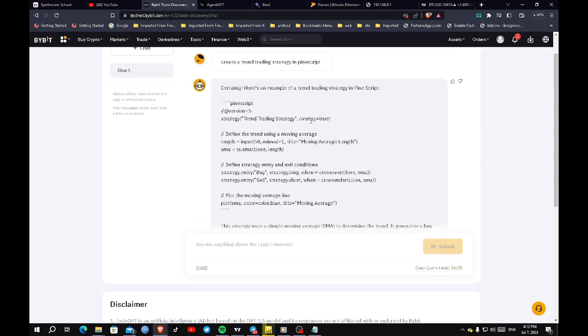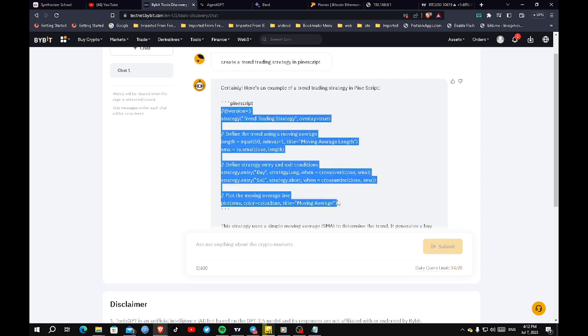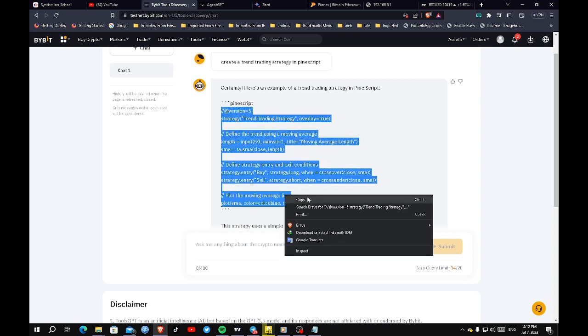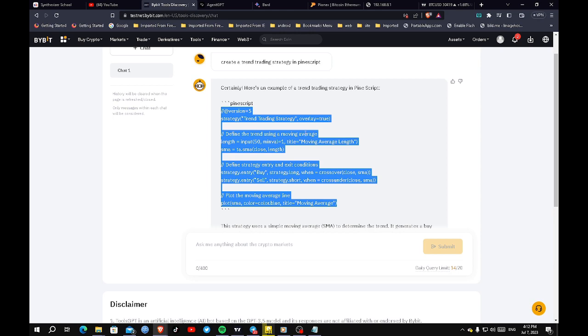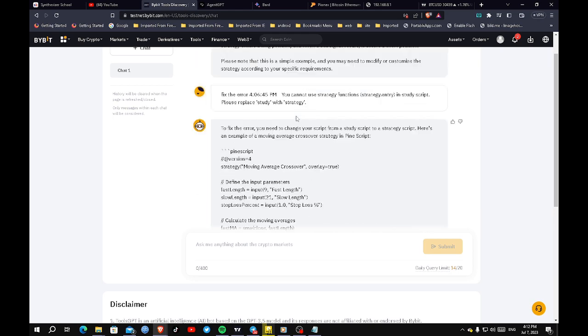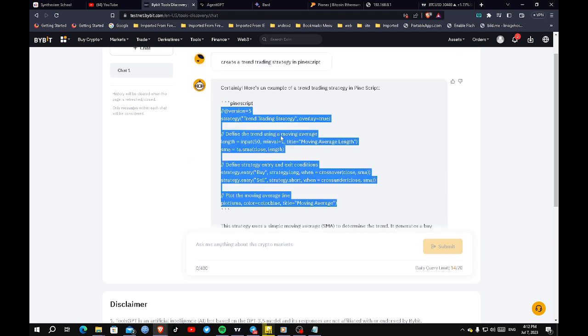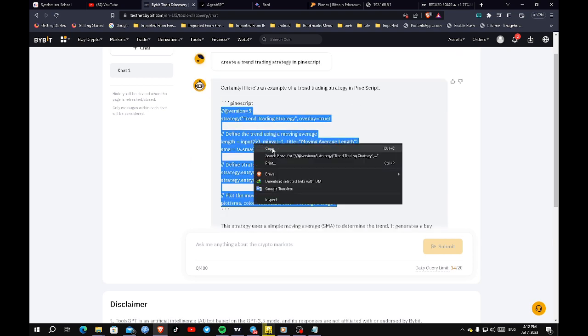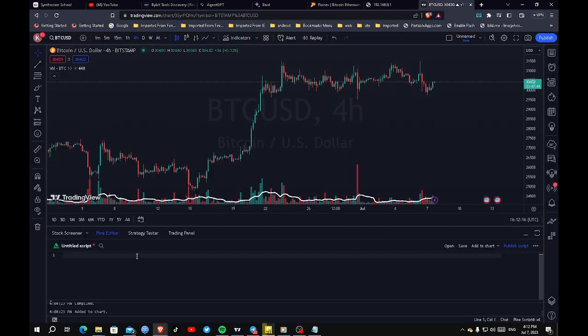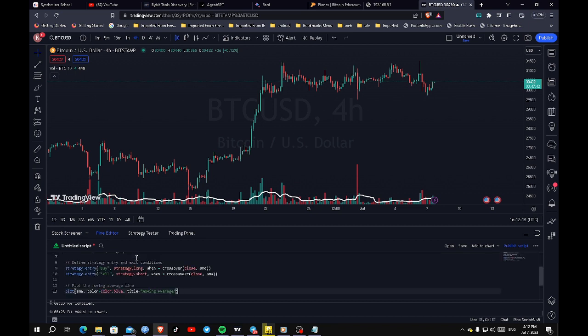It also uses a moving average trading strategy. It's also interesting, they've changed it from version 4, which they were using previously, to version 5. Isn't this interesting? Okay, so add to chart.